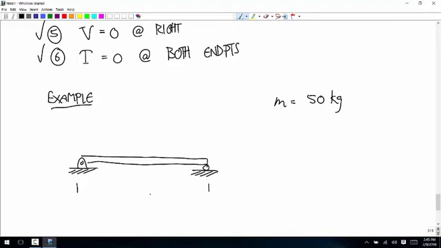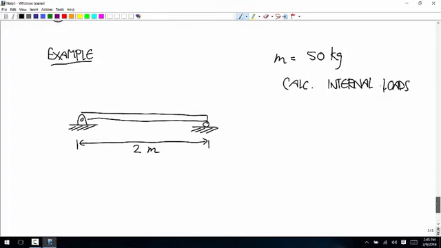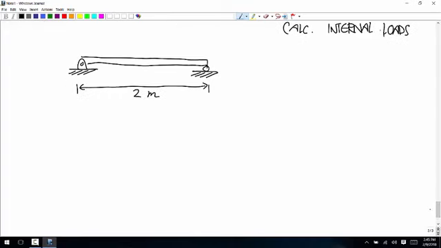Let's say this is 2 meters. And we want to calculate the internal loads. So first we have to calculate the external loads.